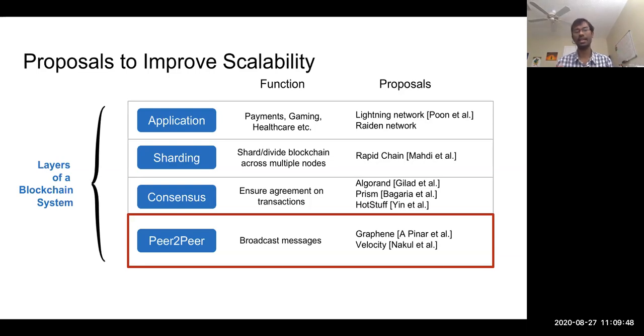And finally, at the application level, there have been off-chain solutions such as the Lightning Network or the Raiden Network that promise a much faster rate of transactions and a lower confirmation latency compared to on-chain payments.